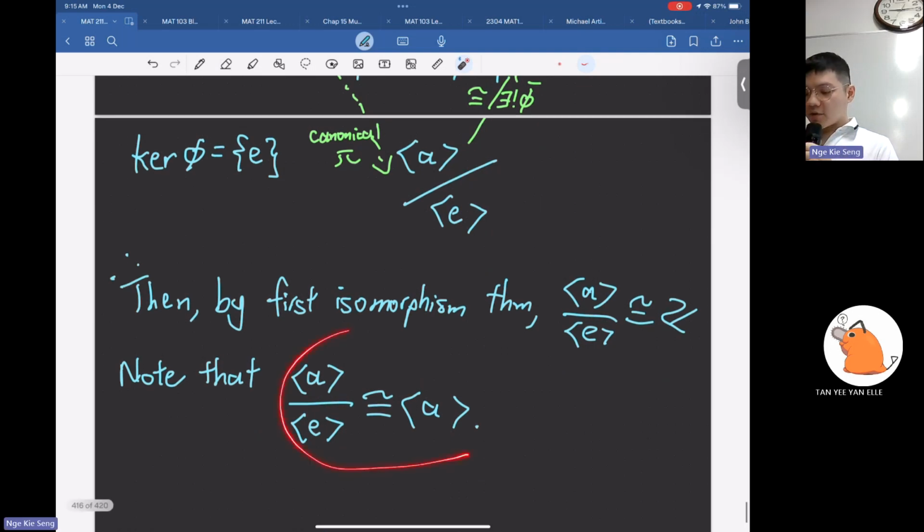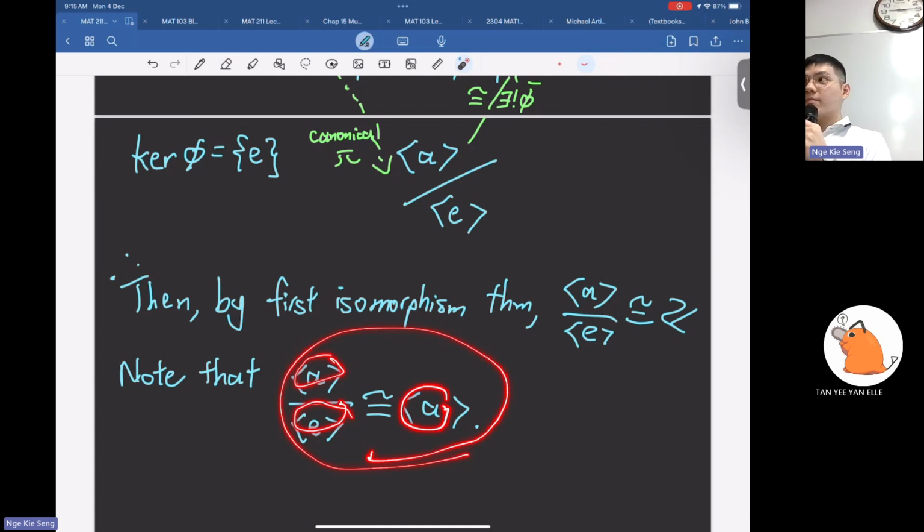How to understand this isomorphism here? Build the surjective homomorphism from the free group A to the free group A. Easy, right? Just send A to A. What's the kernel of this map? The trivial subgroup. Then by the first isomorphism theorem, it gives you the isomorphism.